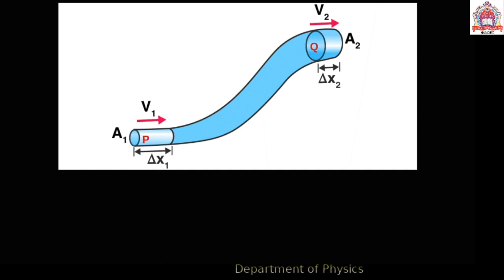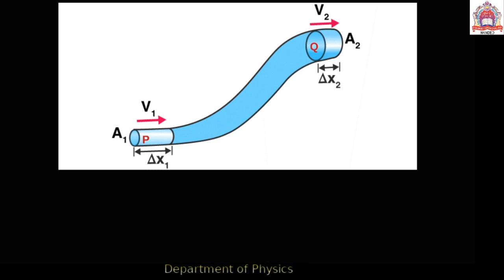We assume that the liquid under consideration is perfectly mobile and incompressible. The same amount of liquid flows across every section of the tube in a given time.